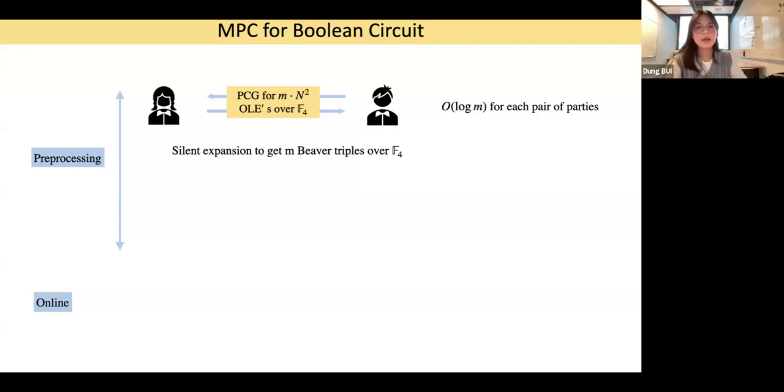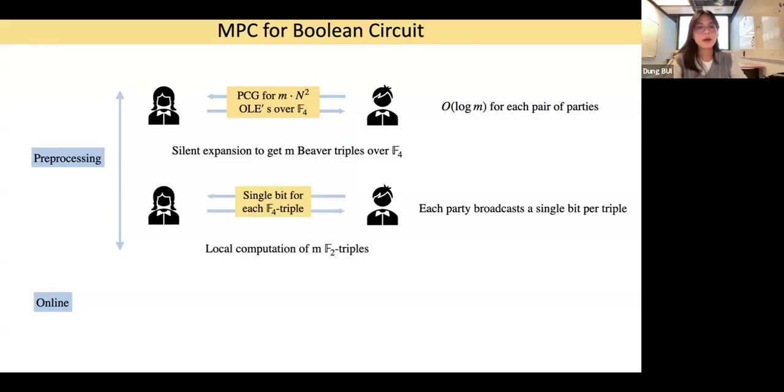And now you can silently expand to get the m pivot triples over F4. Now each party broadcasts a single bit per triple, and you get the pivot triples over F2. And the moment you get the pivot triples over F2, the rest is to apply the GMW protocol in the online phase to get the MPC for the Boolean circuits.